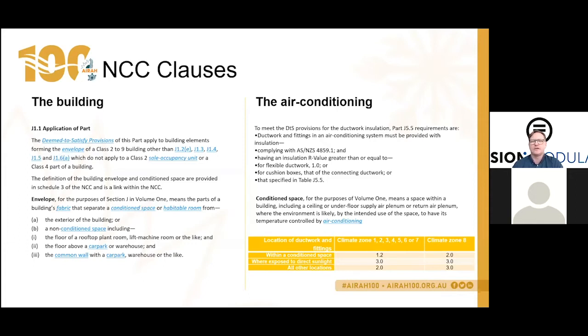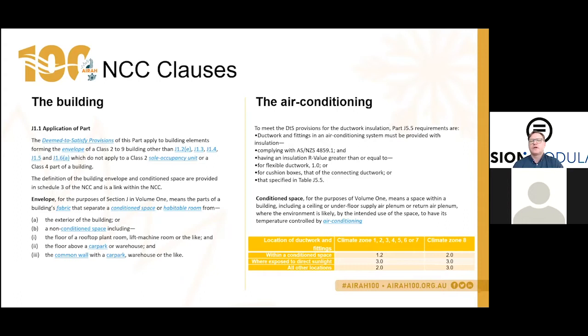The building fabric is the roofs, walls, floors, ceilings that separate the conditioned space or habitable room from the exterior of the building, the non-conditioned spaces in the building, the floor of a rooftop plant room, a lift machine room or the like, the floor above a car park or warehouse, and the common wall with a car park or warehouse or the like. So these are parts of the building envelope or the fabric, the building fabric that forms that building envelope.